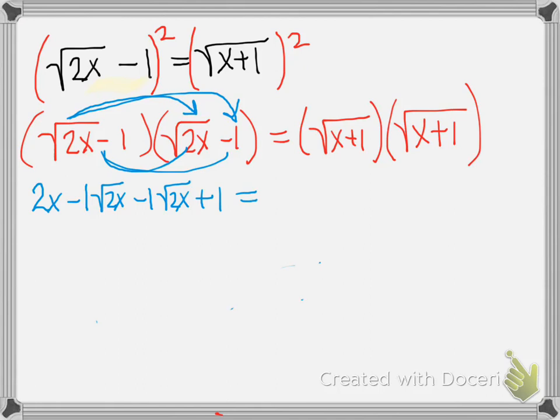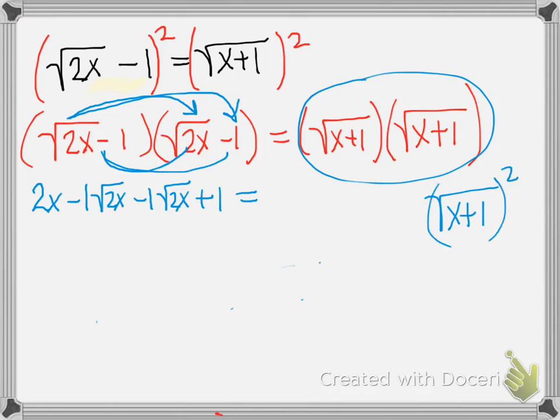Okay, and then the other side, if I have these two multiplied together, again, that's a square root of x plus 1 squared. So my radical and my squared are going to cancel out. I'm going to get x plus 1.